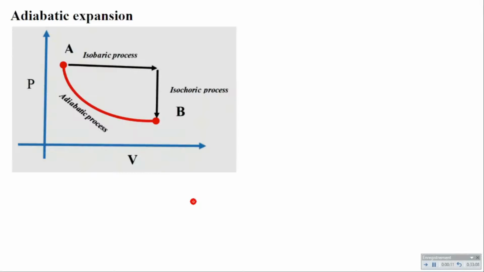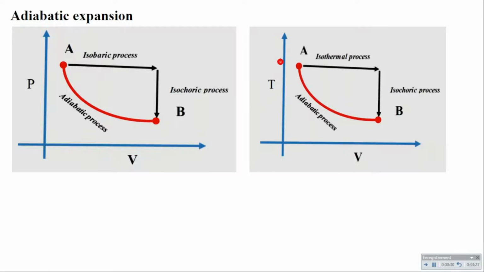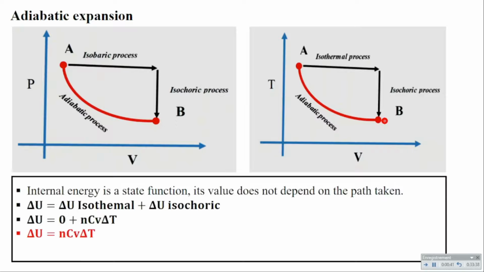But that holds only to the extent that there is no heat exchanged with the surroundings. In the adiabatic expansion from A to B, we decrease the pressure and increase the volume. Here we can also draw the temperature and the volume, where the temperature is decreasing and the volume is increasing. So we are in adiabatic expansion.